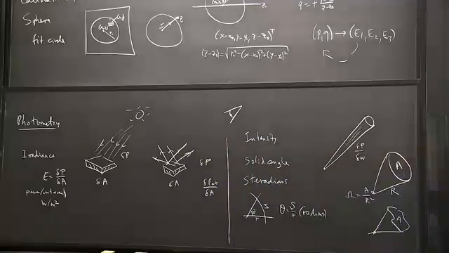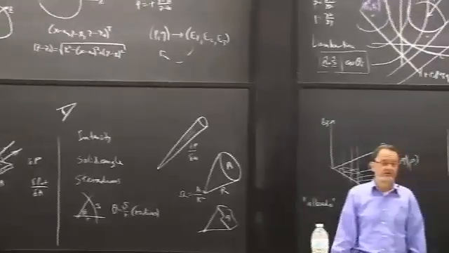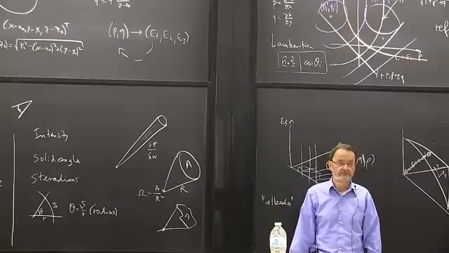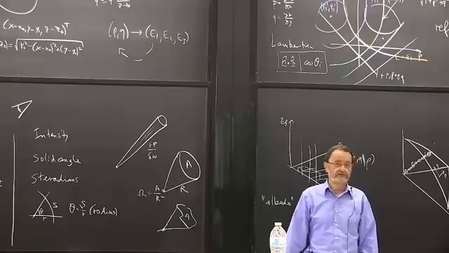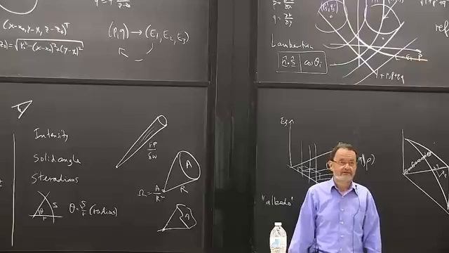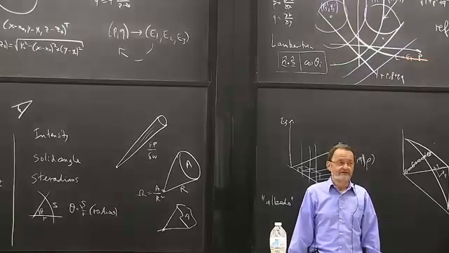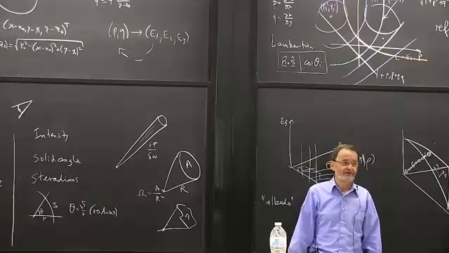So what's the corresponding thing for steradians? If I want to talk about all possible directions around me, how many steradians is that? What's the surface area of a sphere? Yeah, 4 pi r squared.